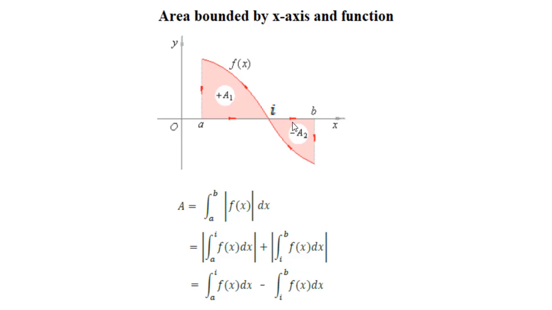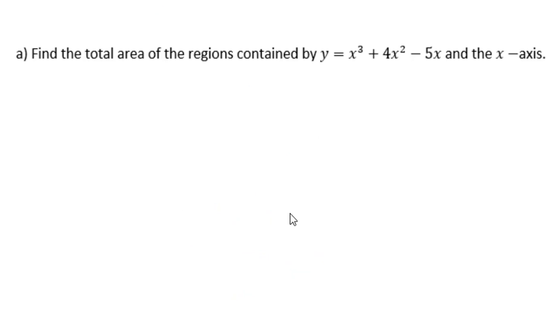When the function is below the x-axis, the value for the definite integral will be negative. So when we use the graphing calculator to get the area bounded by the x-axis, we will choose the absolute value one because this is easier.